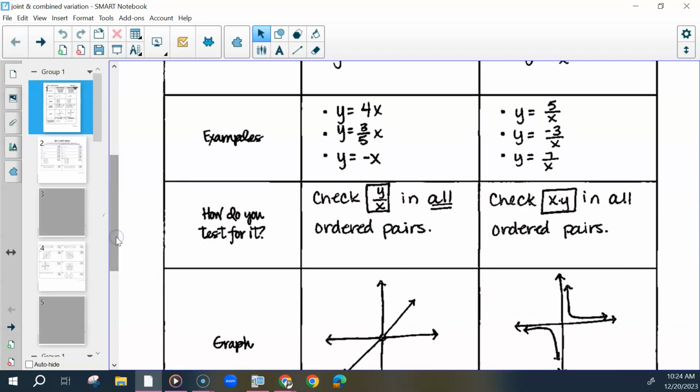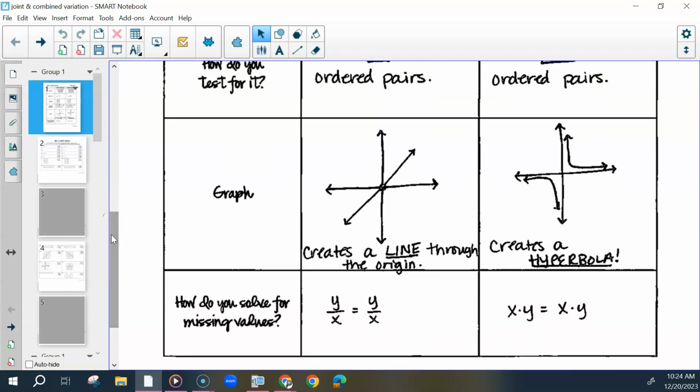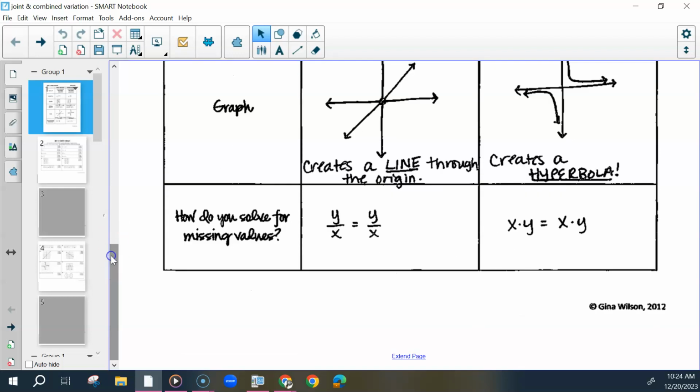To check whether this is direct or inverse, you can do exactly what we just did: either divide them or multiply to see if we get the same k value for both. The graphs: direct is a line that goes to the origin. Inverse is that curve, a hyperbola. This isn't really how you solve for it, so if you want to rewrite this, you can.